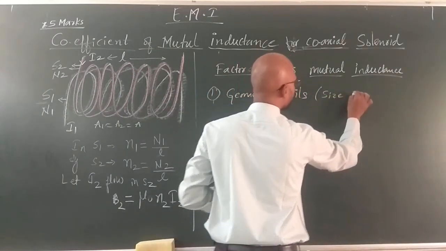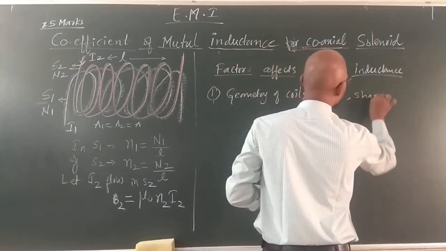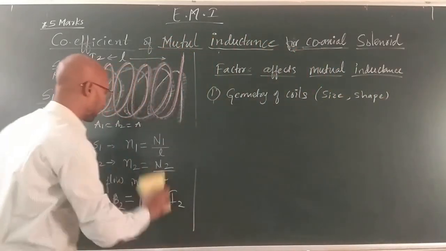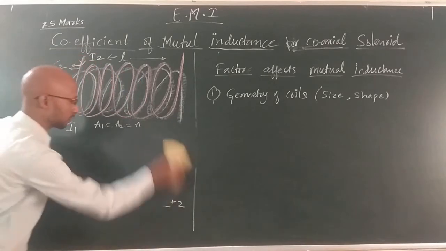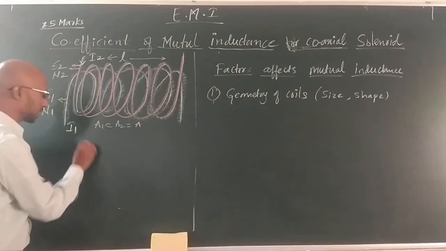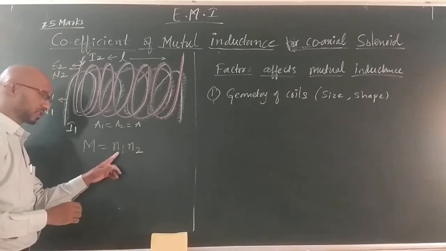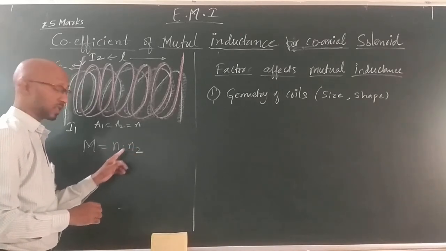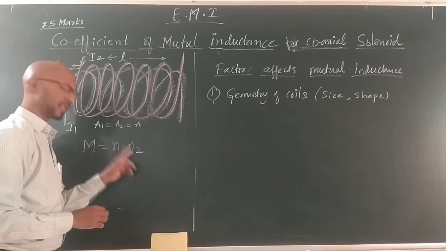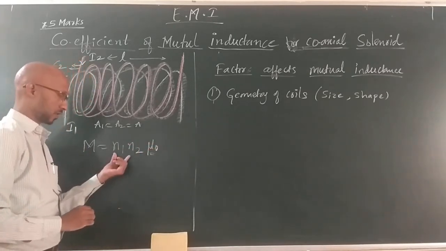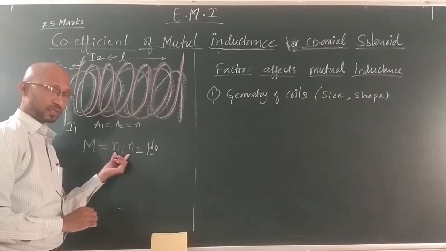If size and shape change, definitely the mutual inductance changes. Because if I write the expression for mutual inductance, it has N1 and N2, the number of turns per unit length in the first solenoid and in the second solenoid. This is the factor: size and shape will change here.